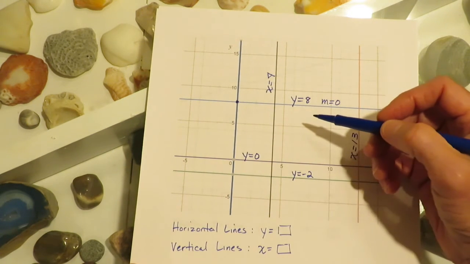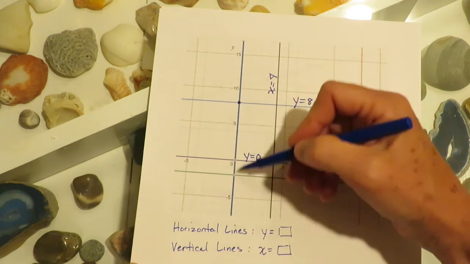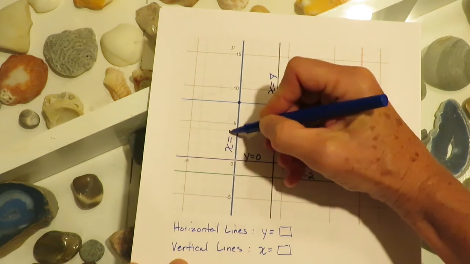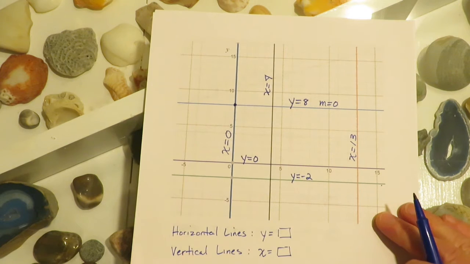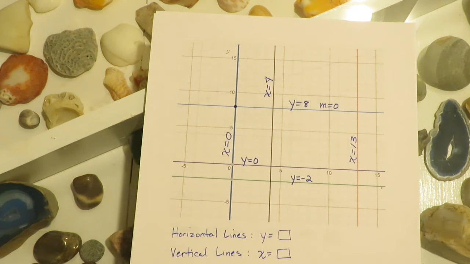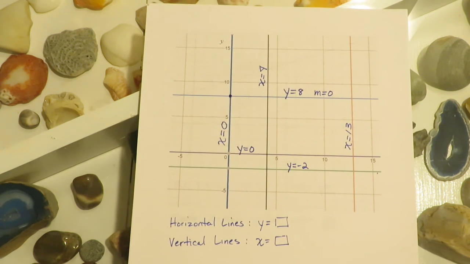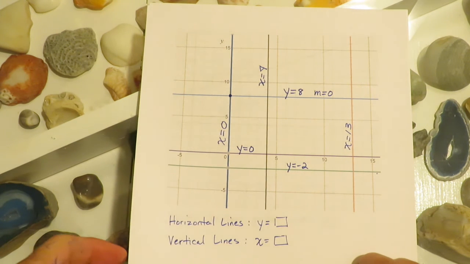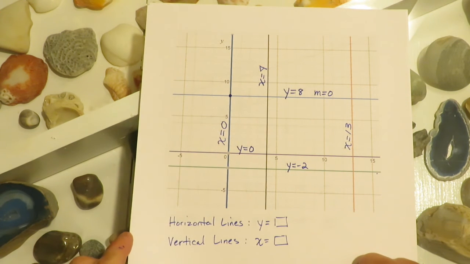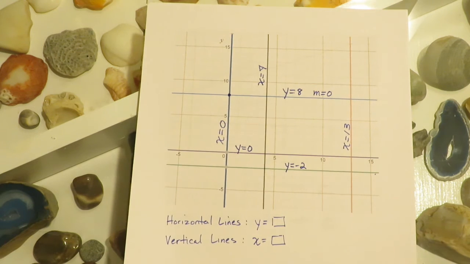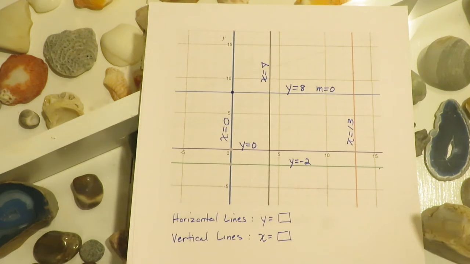And on the y-axis, x is always 0, so that's its equation. So again, horizontal and vertical lines have equations. You do write the equation for a horizontal line and a vertical line, but there's much less work involved. You just need to identify what all the y's stay for horizontal, what all the x's stay for vertical.